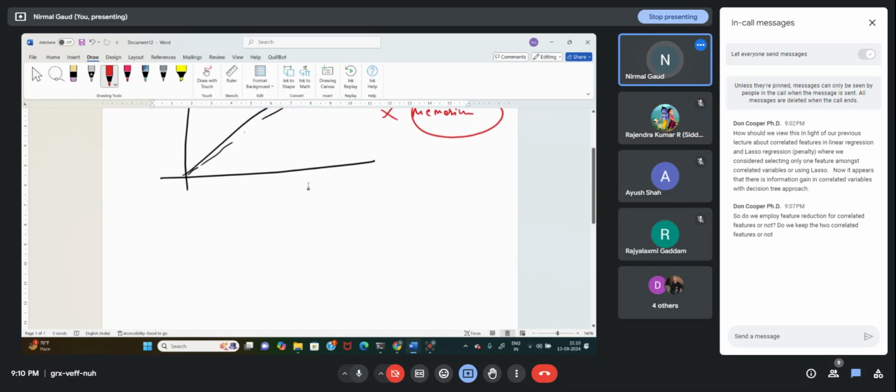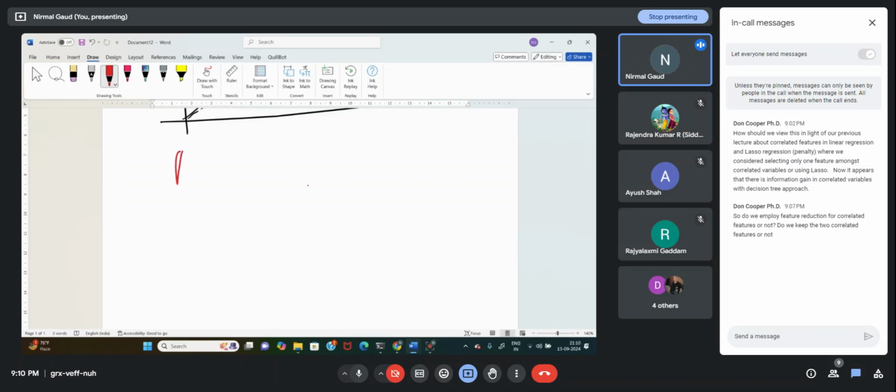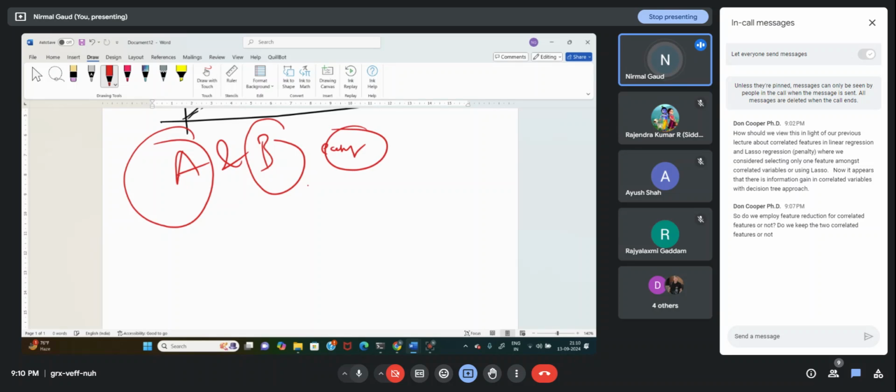But if A and B are correlated, and the model captures the points of A, the model will easily capture the points of B. Why? Because both are correlated. Where points of A are coming, points of B are also coming at the same pace, in the same space, closer to A. The model will not put in an effort.